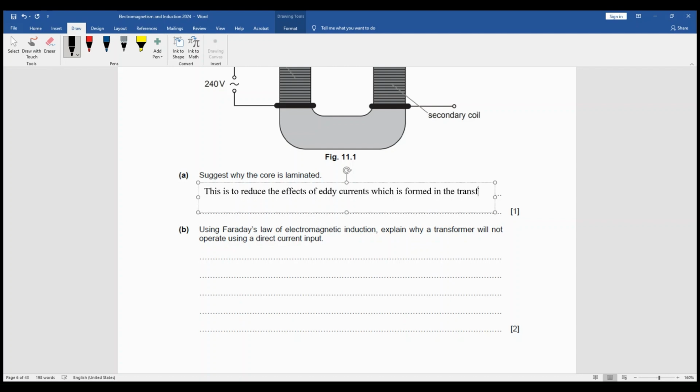Or we limit their size because we cannot eliminate them in the transformer.